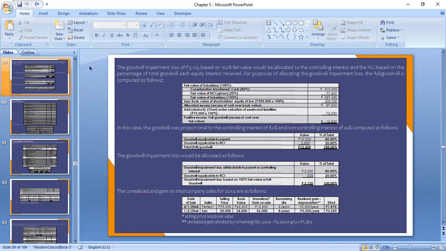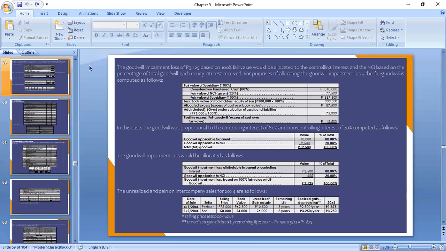So the fair value of the subsidiary is 387,500. We deduct the book value of the stockholders' equity of Sun with common stock at 100%. So the difference is the allocated excess of cost over book value, and we have the undervaluation of assets and liabilities of 75,000.